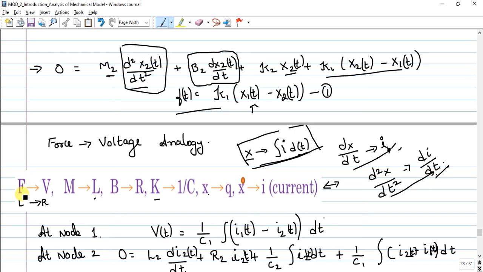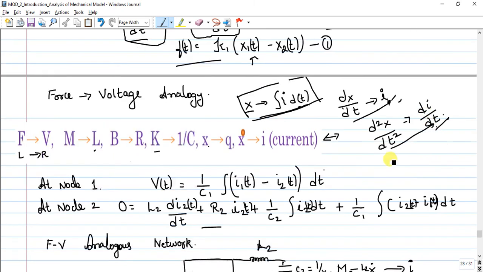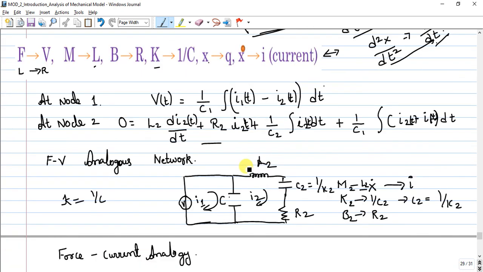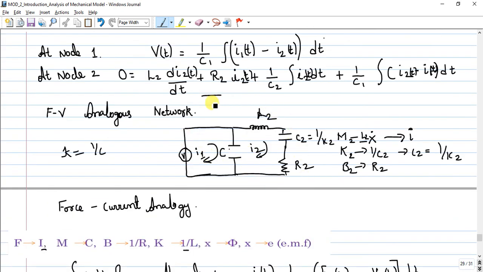In force voltage analogy, force will be replaced by voltage, mass with L. These are all the considerations. Similarly, x will be in terms of I, that is integration of I dt. If you differentiate this, it will become I, and double differentiation will be di by dt. Do the replacement and write down the network in terms of loops.